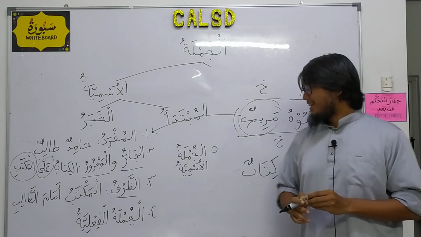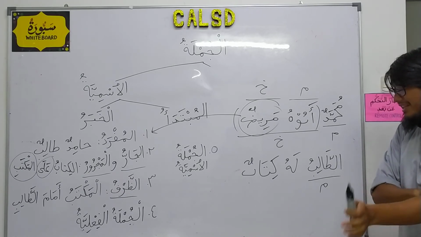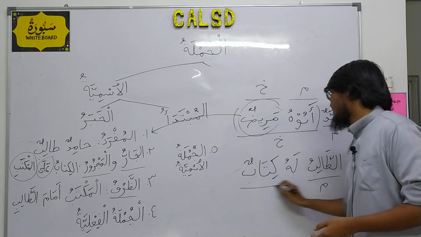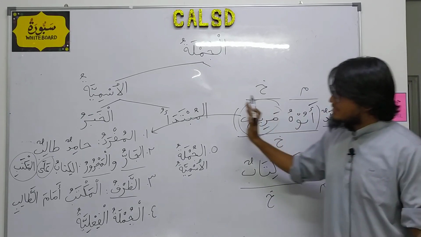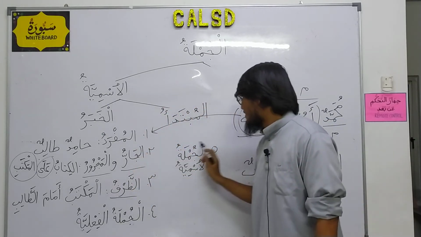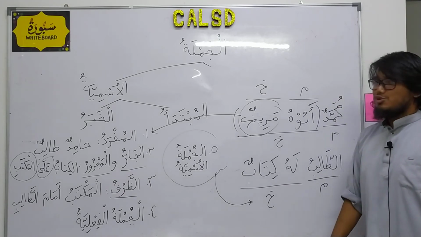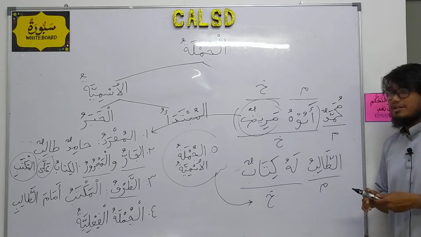But the real answer is, you wouldn't say this. This is the mubtada. The khabar is actually lahu kitabun. And what type of khabar is it? It's not mufrad, it's not jar wa majrur, it's not zaraf, it's actually jumlah ismiyah. Again, you have to see what is the mubtada and what is the khabar.